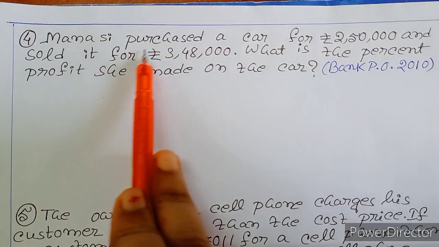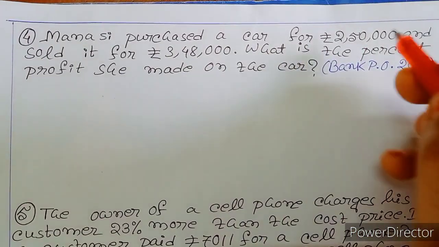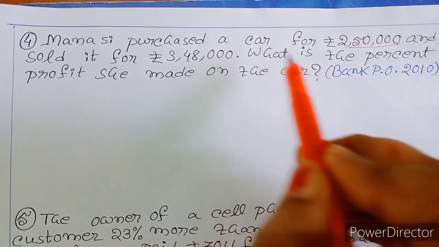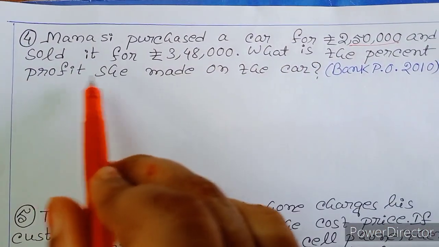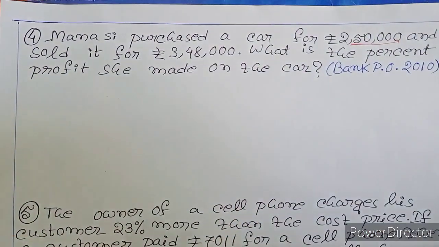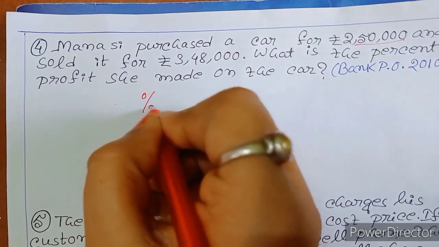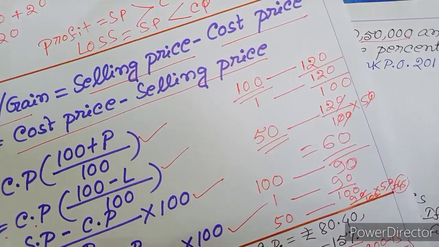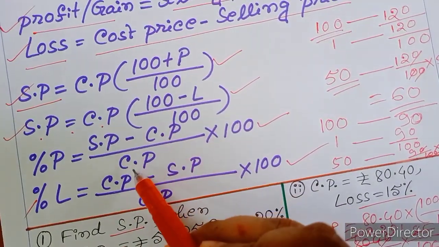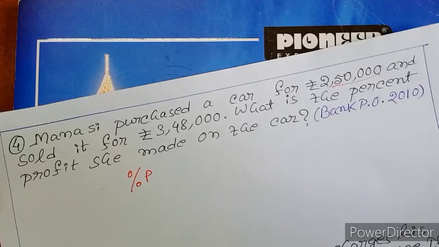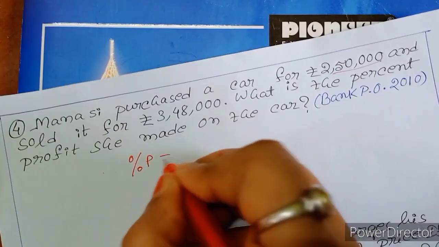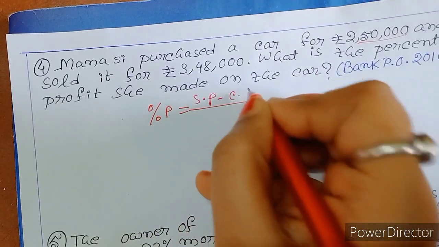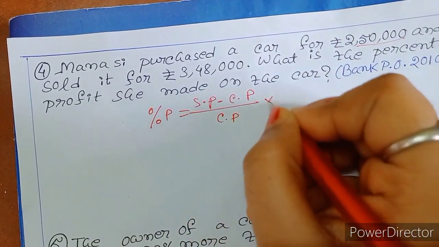Next question. Manushi purchased a car for 2,50,000 and sold it for 3,48,000. What is the percentage profit she made on the car? So we know the formula percent P equal to selling price minus cost price by cost price into 100. So we use this formula percent P equal to SP minus CP by CP into 100.